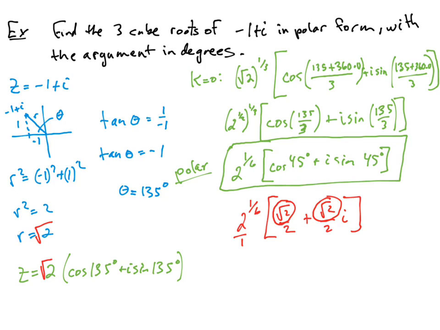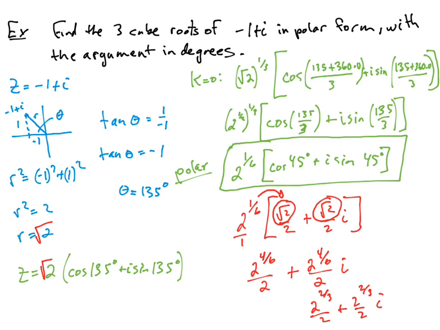So 2 to the 1/6 times 2 to the 1/2, we need to add the exponents, so that's 3/6, so 2 to the 4/6 over 2 plus 2 to the 4/6 over 2i, and 4/6 is 2/3. So this will be 2 to the 2/3 over 2 plus 2 to the 2/3 over 2i, and we could go a little further.